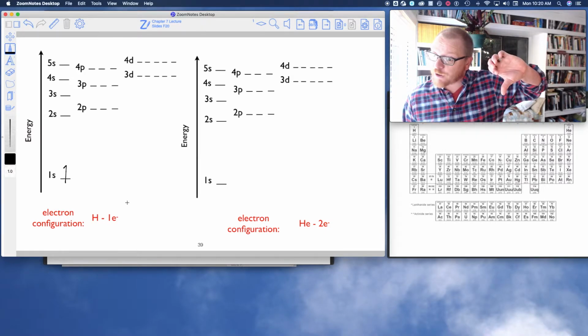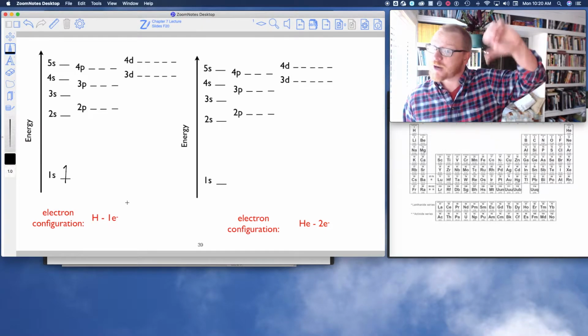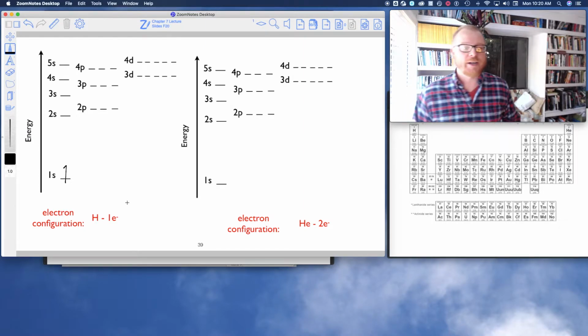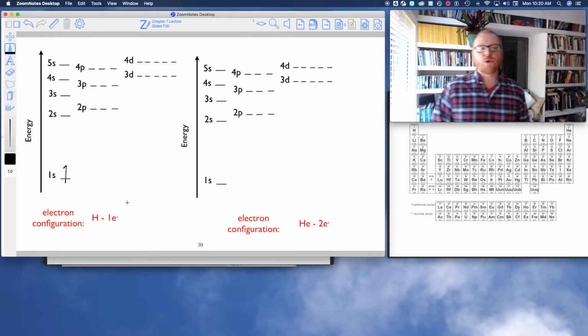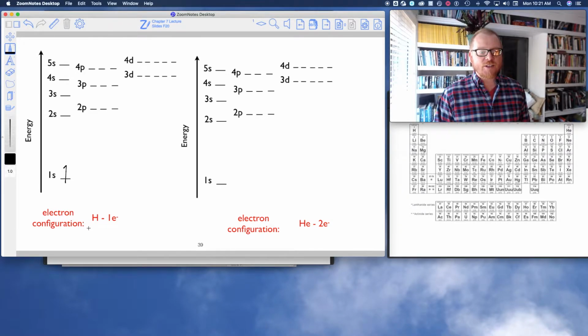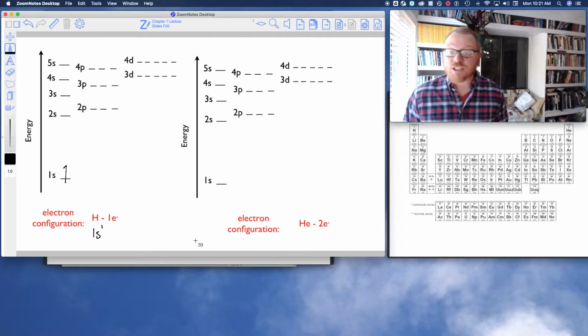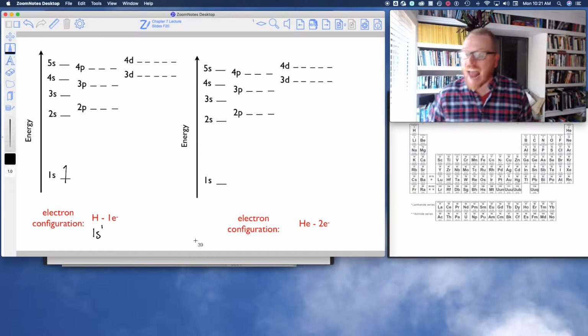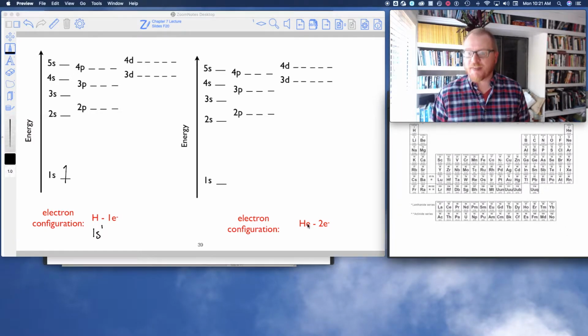I could have drawn an arrow pointing down. Remember, that's plus 1/2, minus 1/2. We don't know which one it is, but because there's only one, that's the only one I put in. Based on this, I write my electron configuration as 1s1. So 1s1 is the address of hydrogen on the periodic table.